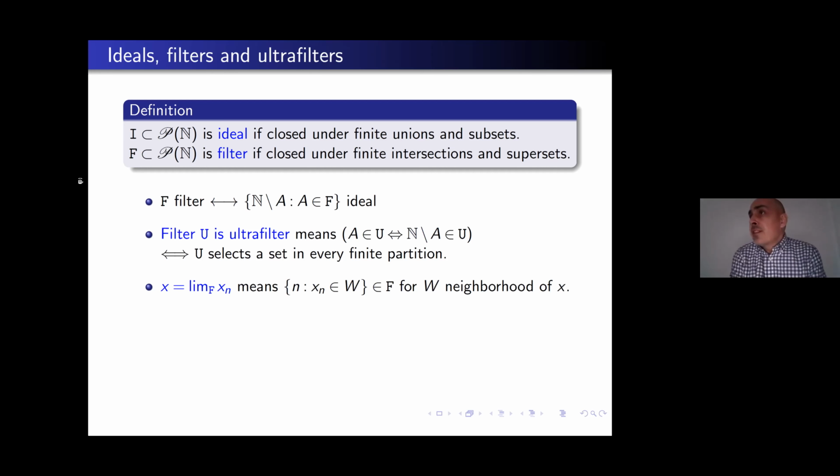And let me also recall that, importantly, if K is a compact space, then the limit through an ultrafilter always exists. Of course, the limit through a filter of a sequence might exist or not, depending on whether the sequence is convergent in that particular notion. But for ultrafilters, if I am in a compact space, the limit through an ultrafilter always exists.